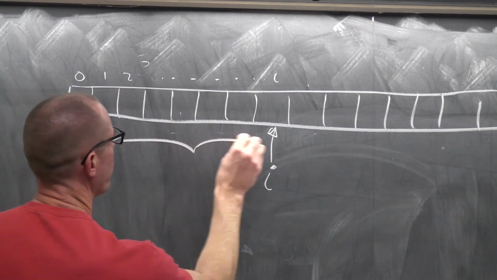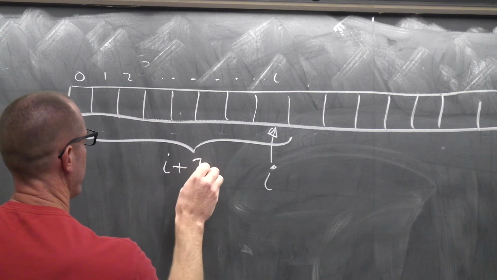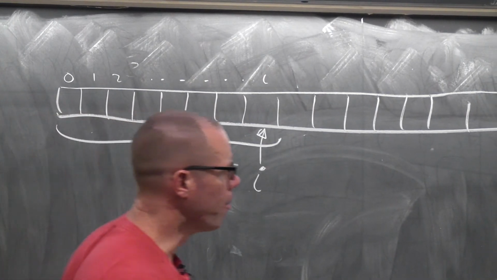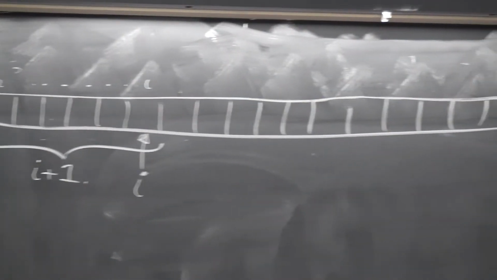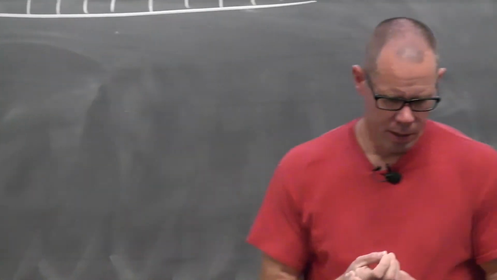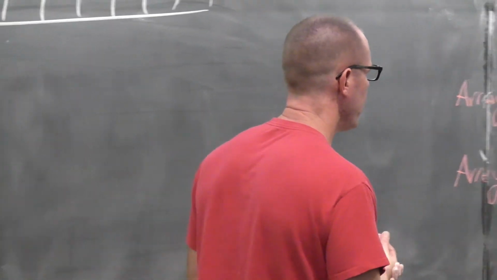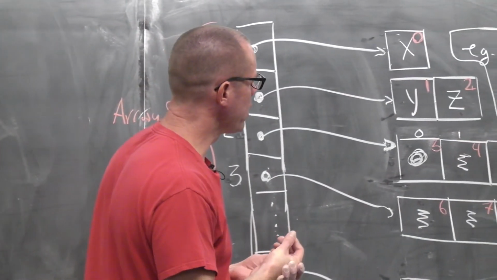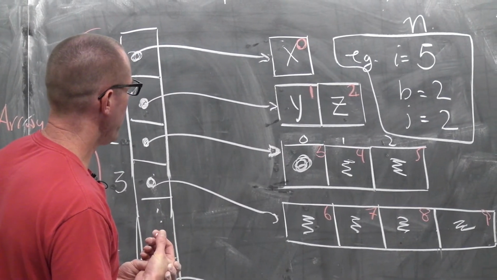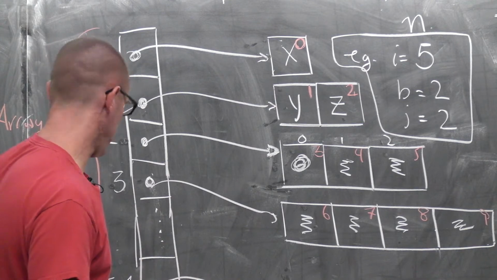From here to here. This is i plus 1 elements. Okay? So if you ask me, for example, for the element at index, let's say, 7 in this list.